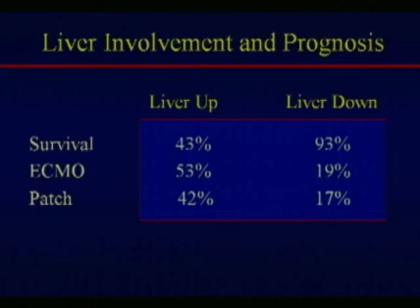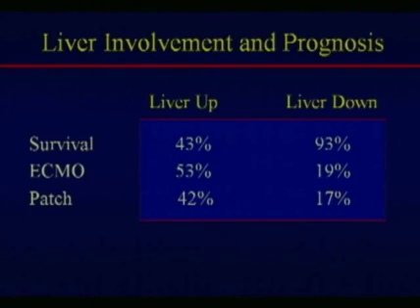This is a summary of some older literature, but certainly you can see big differences in survival rates or the need for ECMO, which is very vigorous respiratory support, and we would like to avoid ECMO if at all possible, but there is a much higher chance of ECMO when the liver is up.